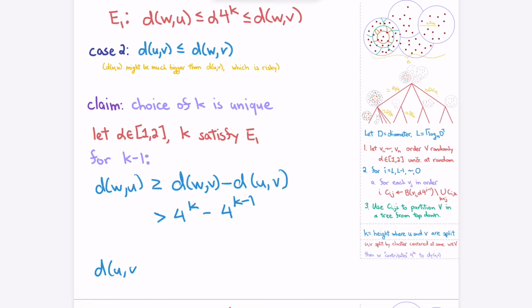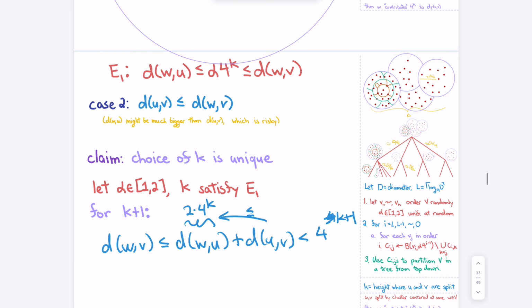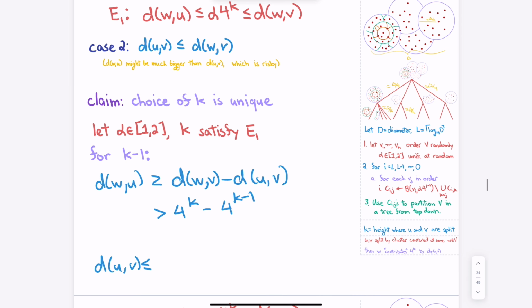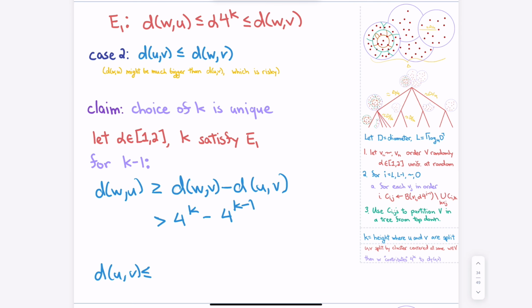Okay, so we have dUV is at most dWV. Well, it would be nice if I had this factor 2 here or something, in which case you would get 1/2 dWV, something like this.